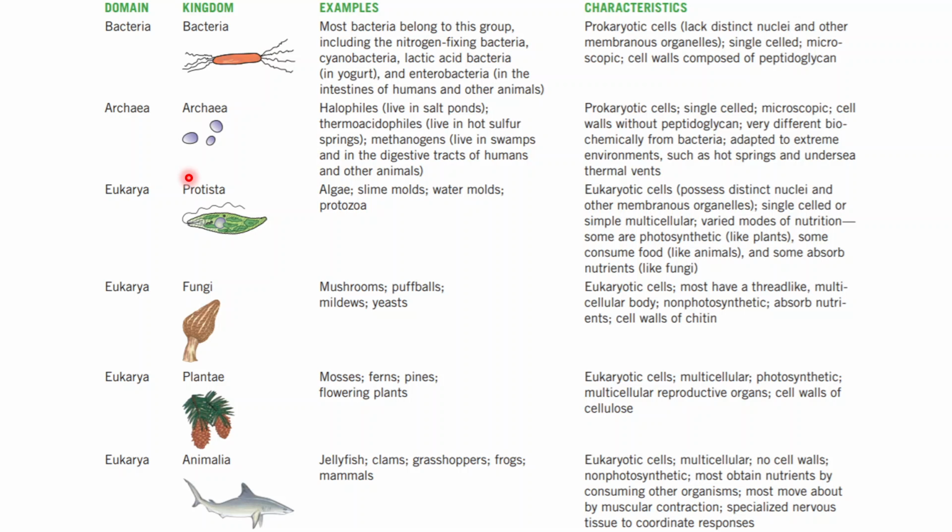So, more than a century ago, a German biologist, Ernst Haeckel, suggested that a third kingdom be established, the kingdom Protista.